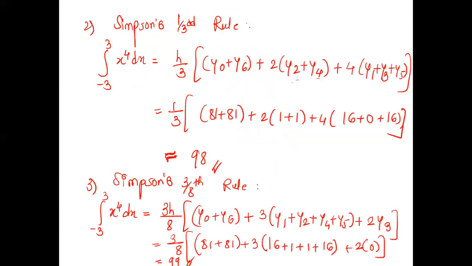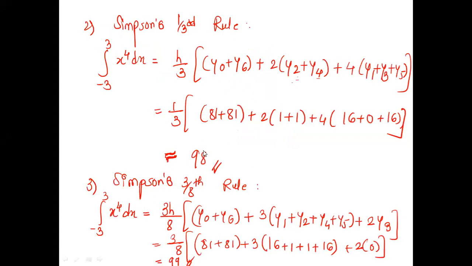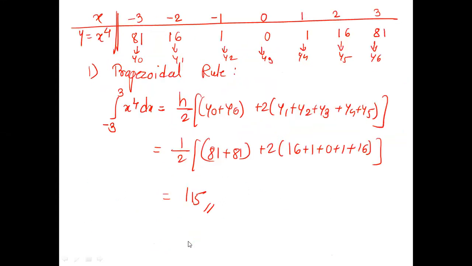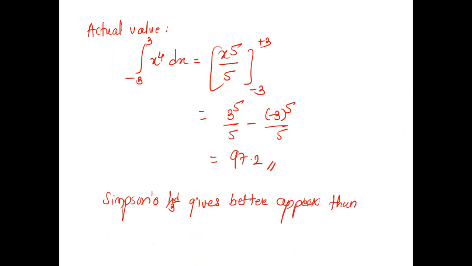Simpson's 1/3 is nearer to this 97.2. Actual value is 97.2. So 98 is closer than 99, and this is very far. Trapezoidal goes very far. So here you can write the statement: Simpson's 1/3 gives better approximation than trapezoidal.